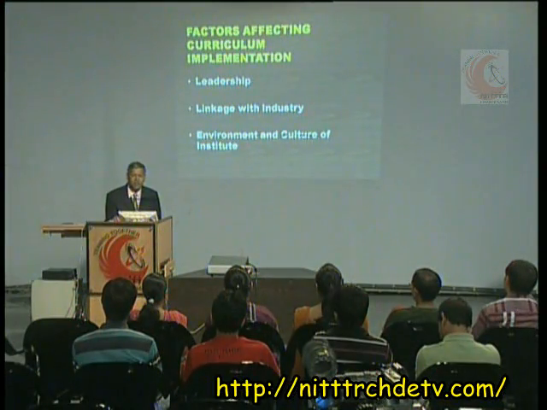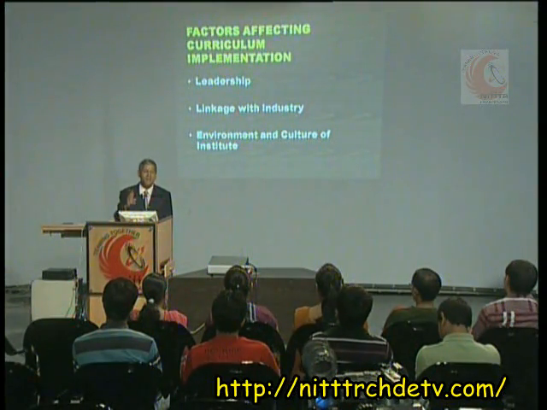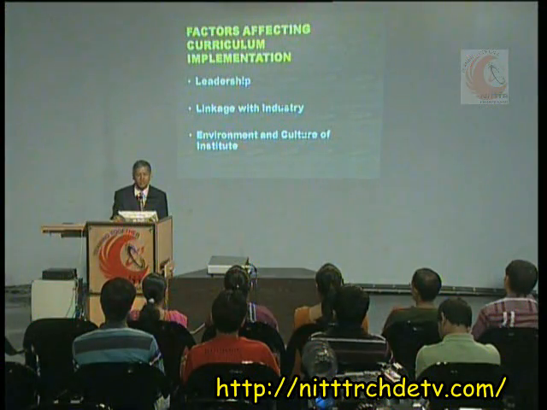Similarly, the environment of the institute is very important. A neat and clean environment, a learner friendly environment, a peaceful environment. If that sort of environment is there in the institute, then definitely better learning will take place and the curriculum will be effectively implemented.